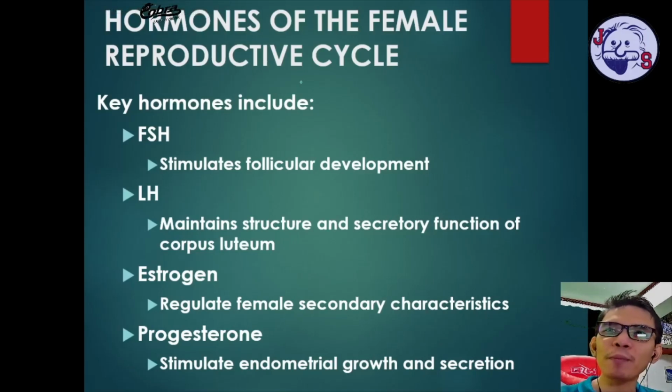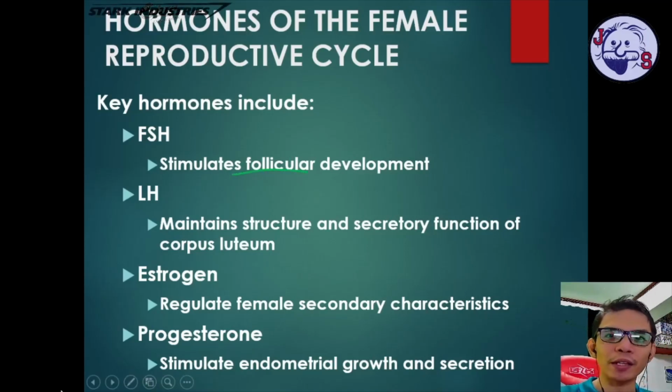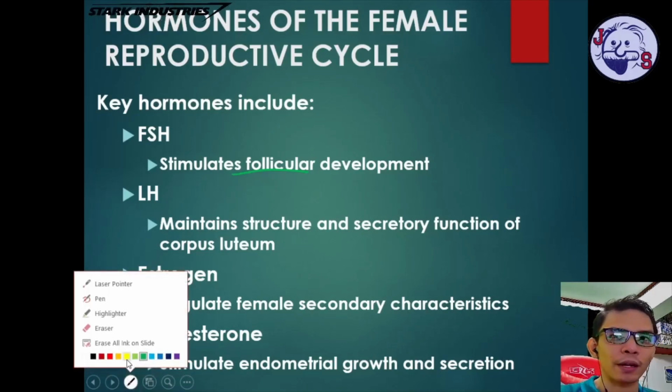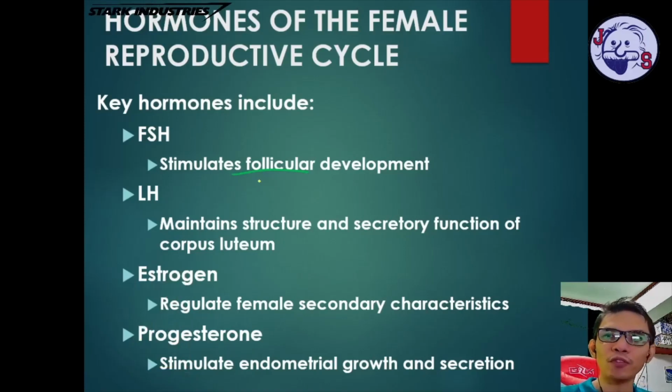From the word itself, follicle stimulating hormone targets the follicle that is found in the ovary.